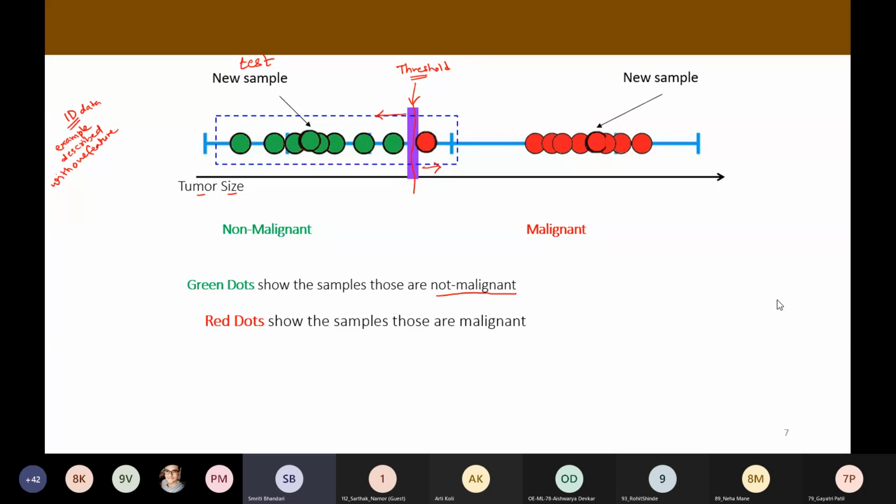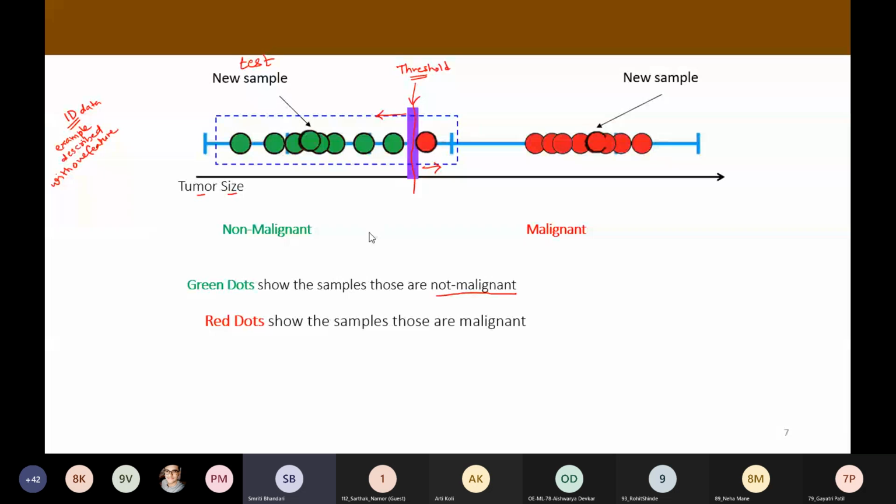So I feel that it would be more accurate if this had been classified as non-malignant. Because looking at this sample and the tumor size, we feel this should be non-malignant instead of predicting it as malignant. But as we have defined the threshold here, it is being predicted as malignant.